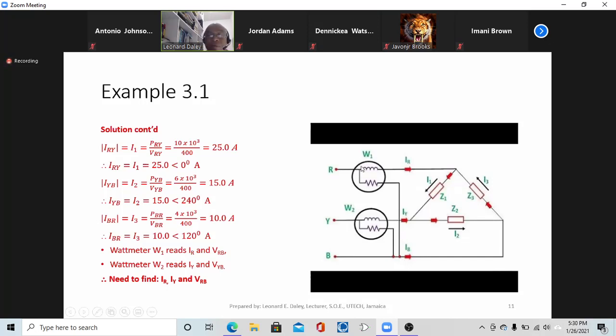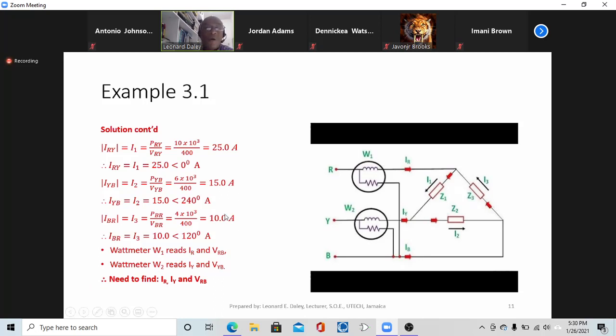This would be the positive polarity point, because notice that wattmeter 2's common negative terminal is also connected to B. So wattmeter 1 is reading IR and VRB, and wattmeter 2 is reading IY going through it, and it is reading VYB.